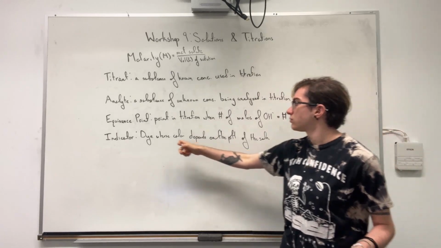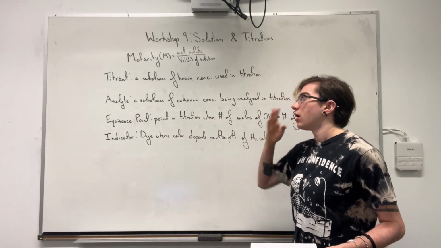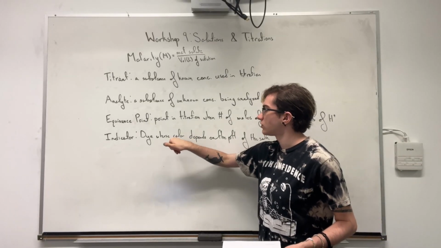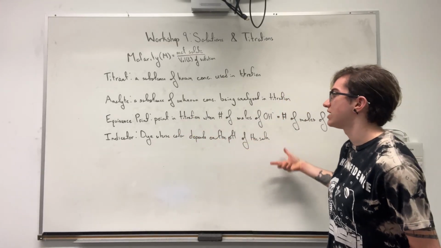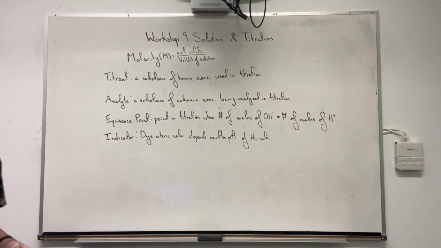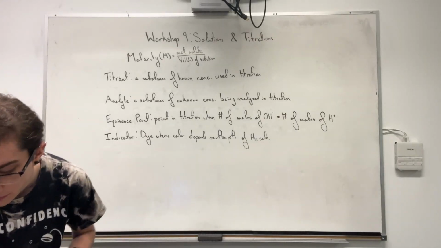The most important part is that your indicator has to change color as it's shifting from one pH to another, a dye that is going to change color as you cross your equivalence point. Some way of indicating that the equivalence point has been hit, as well as also being able to tell you you haven't reached it yet or you have over-titrated and gone too far.